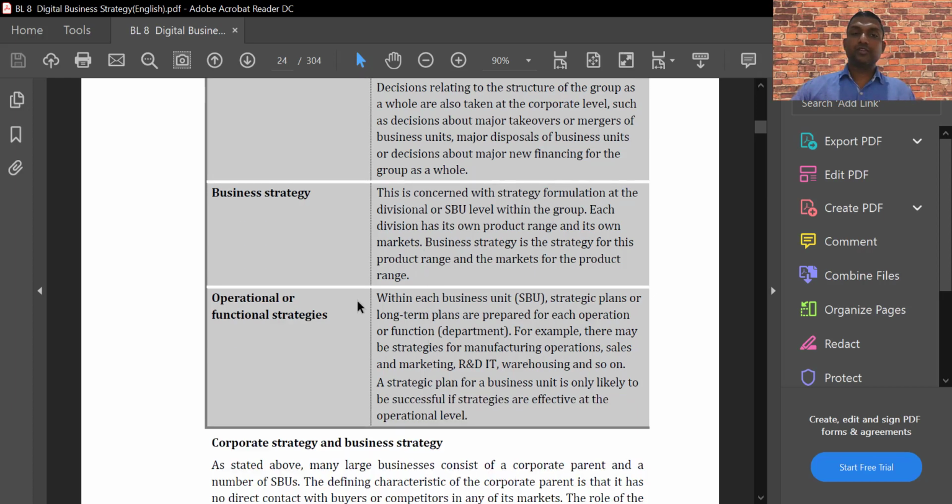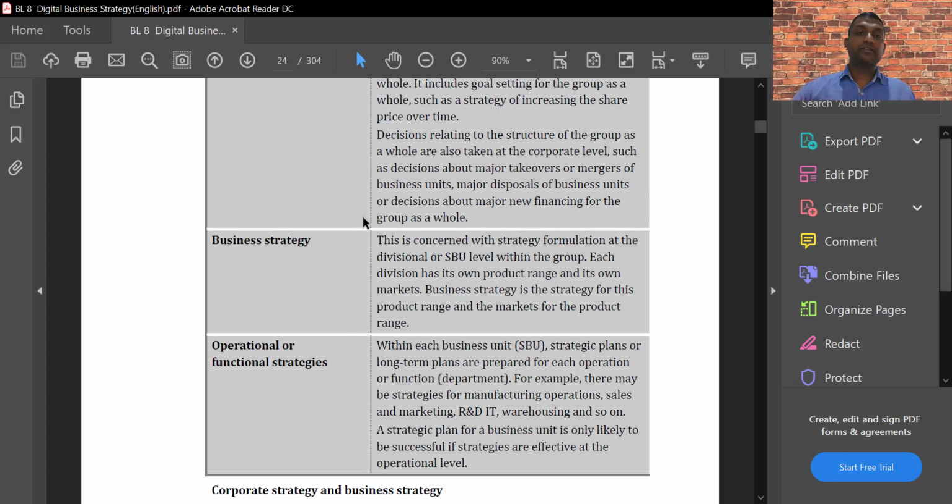So business strategy is all about how strategic decisions are taken in each division or strategic business unit. And then finally operational or functional strategy.